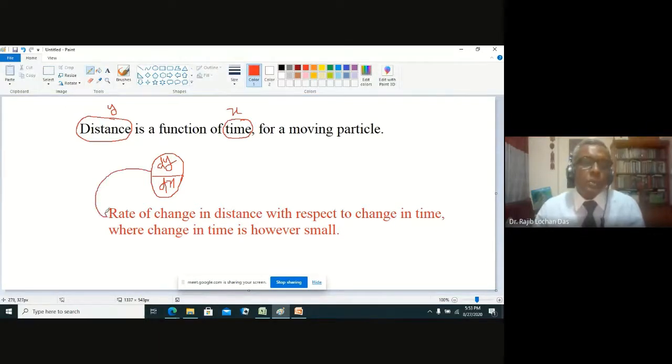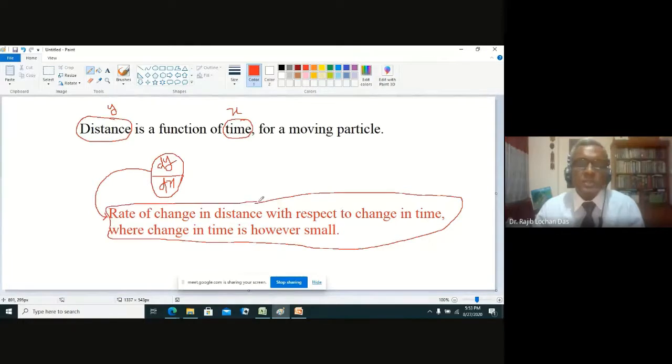The person who knows science, who knows physics, can say that this is called velocity. So if you have one equation with distance and time, if you do the differentiation, the velocity will come.